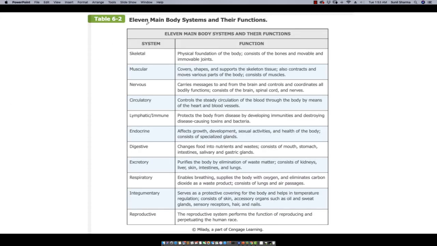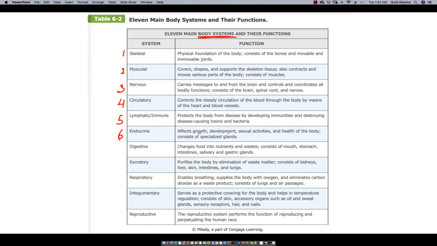The other thing we want to talk about is that tissues make up organs, and organs will then make up body systems. For organs, we can talk about the heart, the liver, the kidneys, all kinds of organs that we have in our body. The 11 body systems that we have are skeletal, muscular, nervous, circulatory, lymphatic, and endocrine.